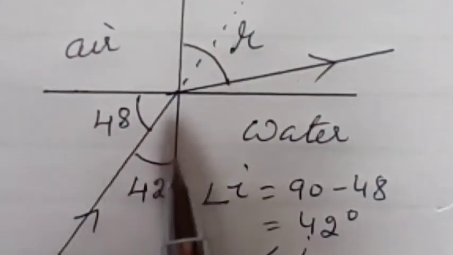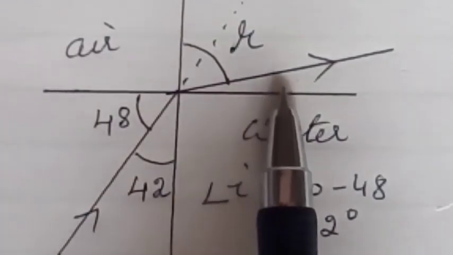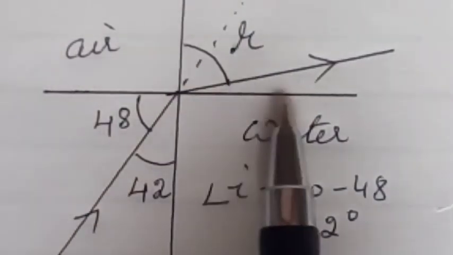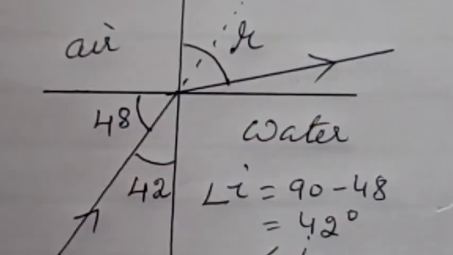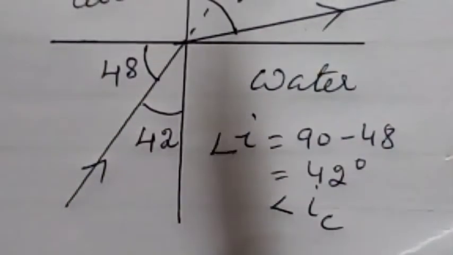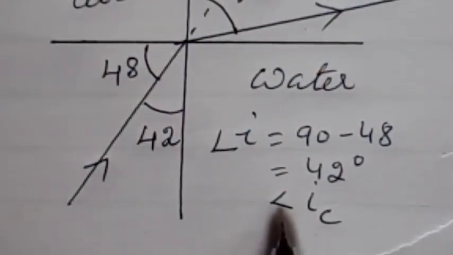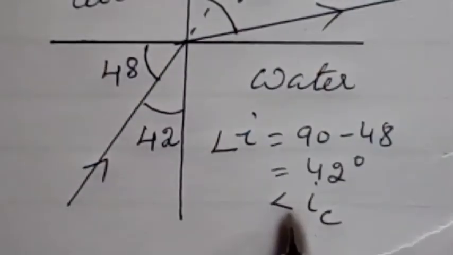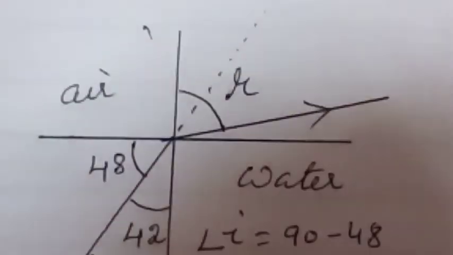Angle of incidence is small, angle of refraction will be large because the ray moves away from the normal. Refraction will take place because here the angle of incidence is less than the critical angle. In the previous case, the angle of incidence was equal to the critical angle. When the angle of incidence is less than the critical angle, the ray goes into the second medium and gets refracted.